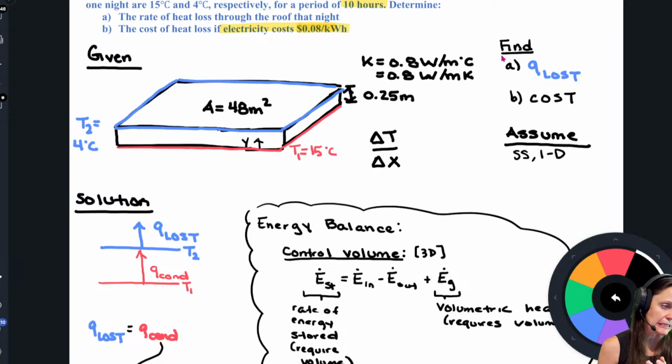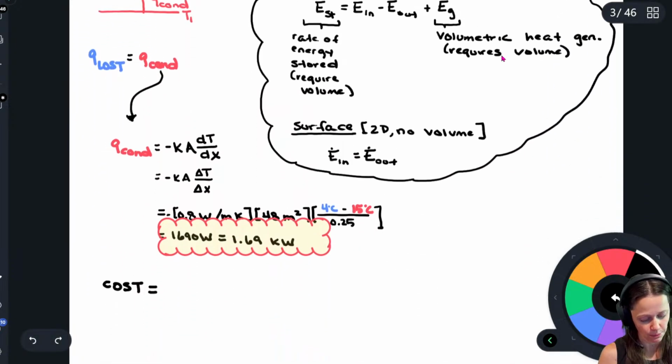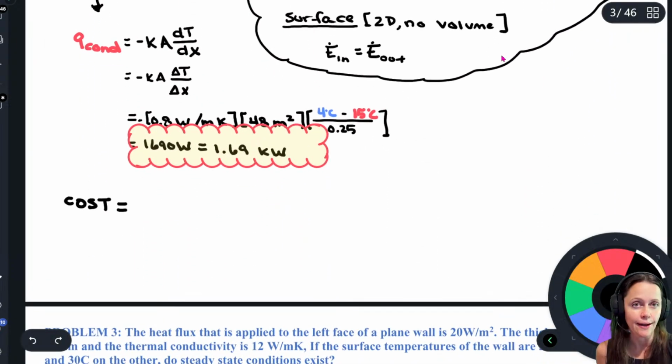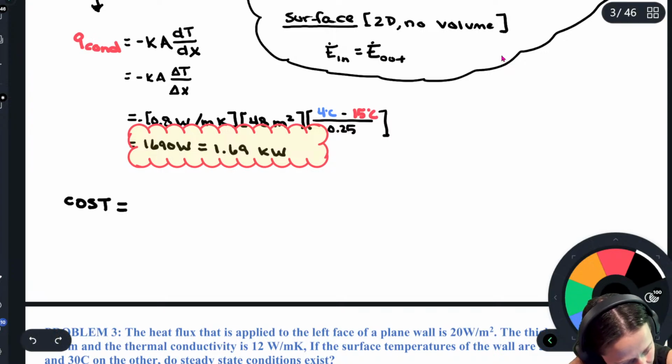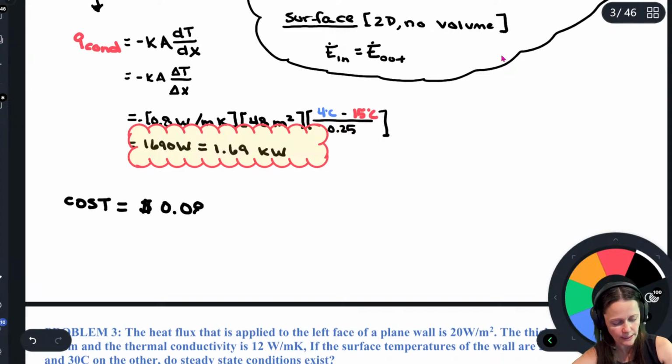So we've got 8 cents per kilowatt hour. We're wanting a cost. So I'm going to let the units guide me through how I'm going to calculate it. Clearly I need dollar signs on the top. So $0.08 per kilowatt hour.